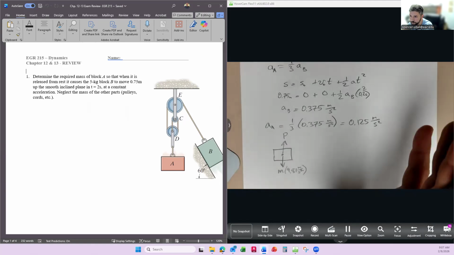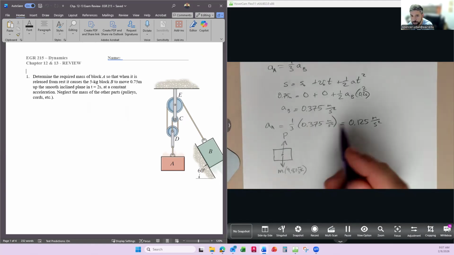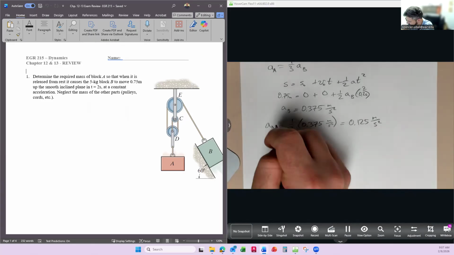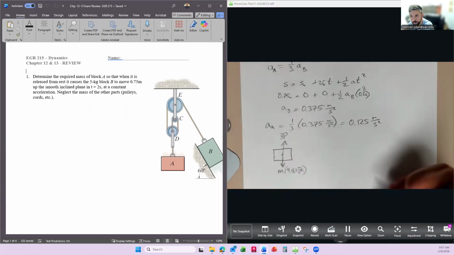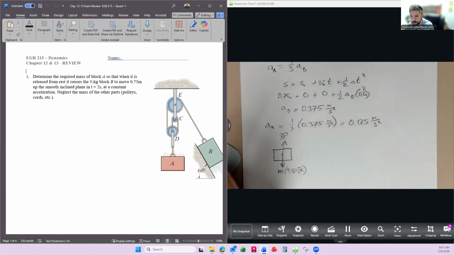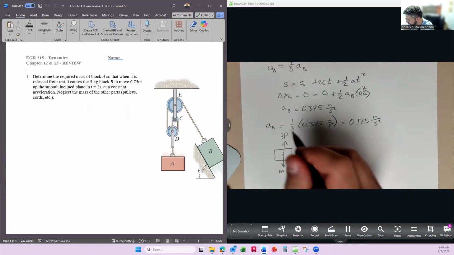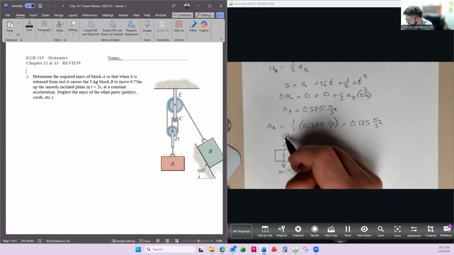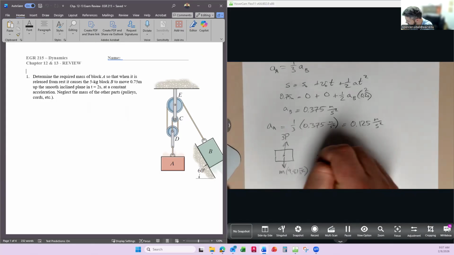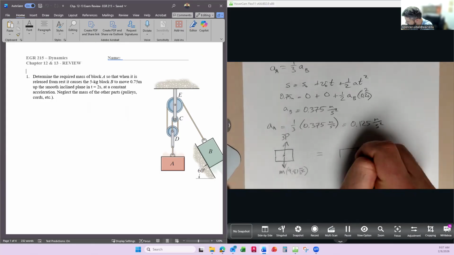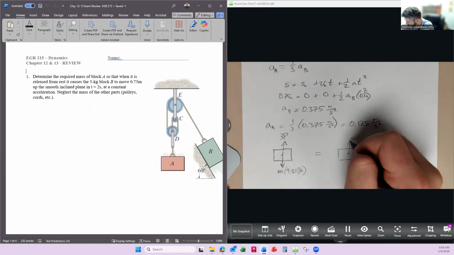No, that's it, right? Although, if we make that P, we better make this actually 3P. I think we're still going to need to go to block B and solve for what P is, because out of here, we could say that equals MA, where it's accelerating upward, right?